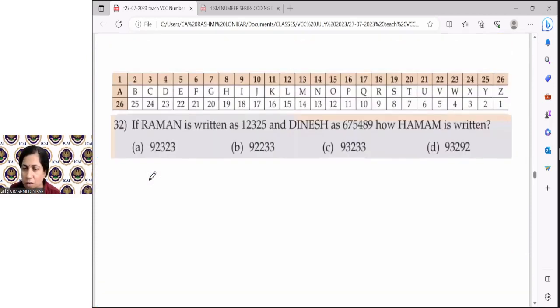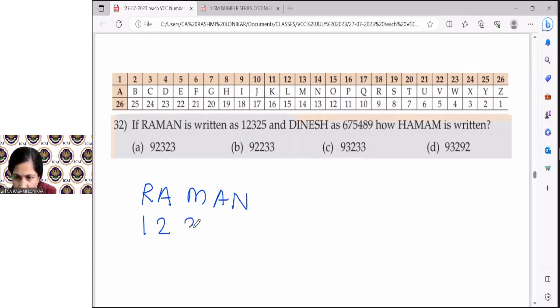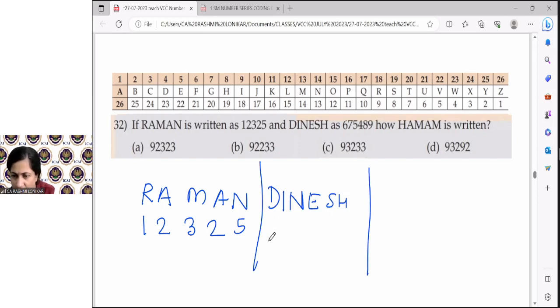Okay, so now RAMAN is written as 1, 2, 3, 2, 5. And DINESH is written as 6, 7, 5, 4, 8, 9.